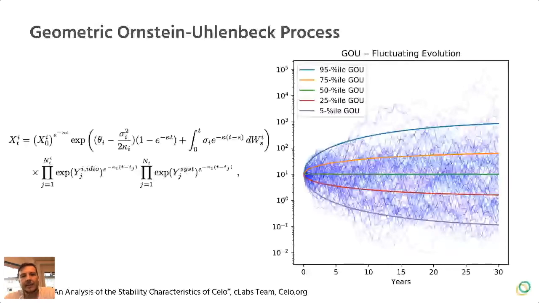The big advantage of using the geometric Ornstein-Uhlenbeck process is that it doesn't decay to zero or diverge to infinity over time, but it stays stationary.